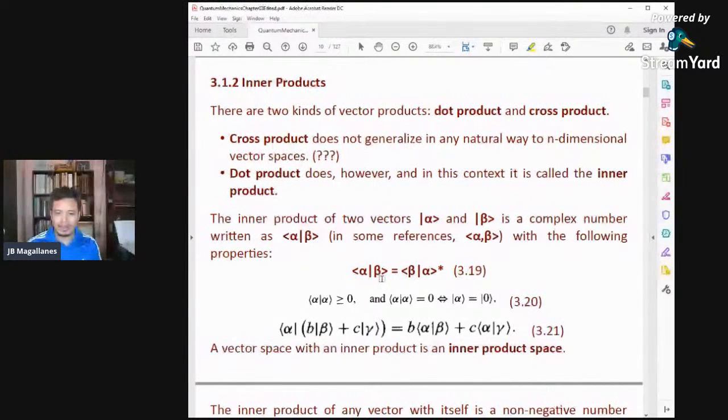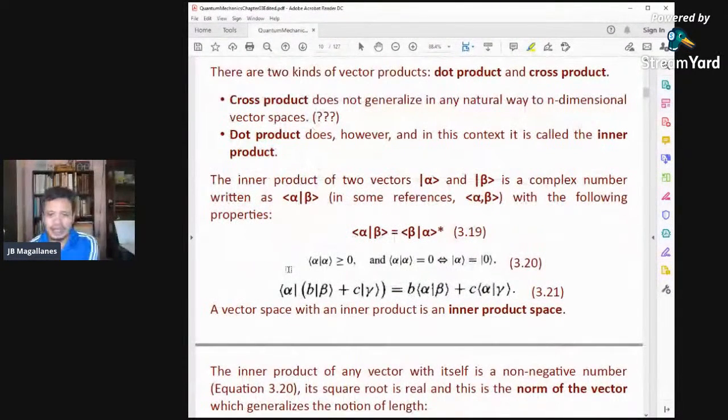So the inner product of alpha beta is just the conjugate of the inner product of beta alpha. And the inner product of a vector with itself is always greater than 0. And the inner product of alpha with itself equal to 0 implies that alpha would have to be 0.